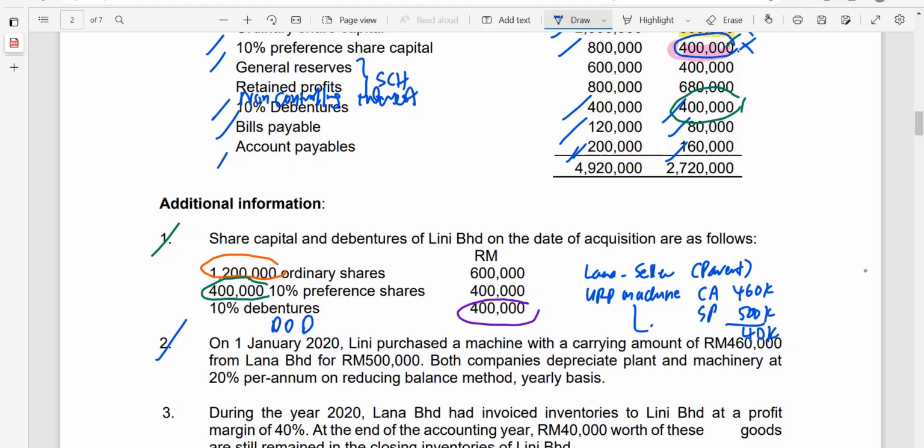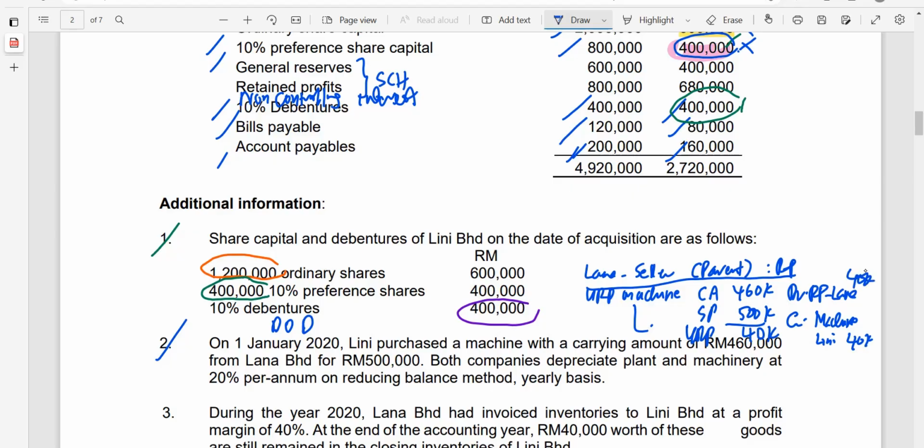So 40 is the unrealized profit. The adjustment should be in the seller's retained profit, so you need to identify who is the seller. You debit retained profit of Lana with that 40, and then credit the machine. The buyer here is Lini. So how much? 40k.